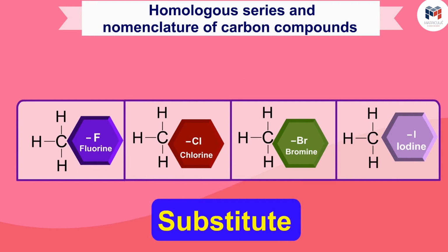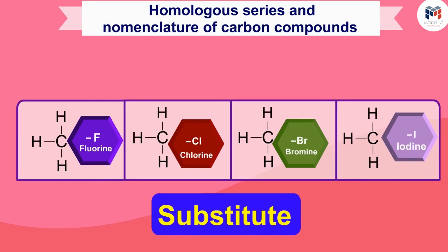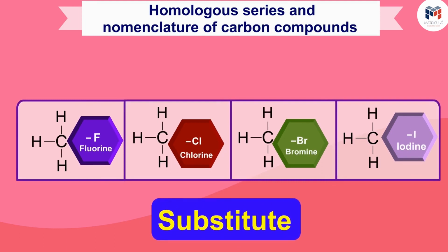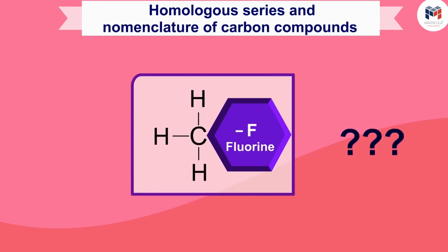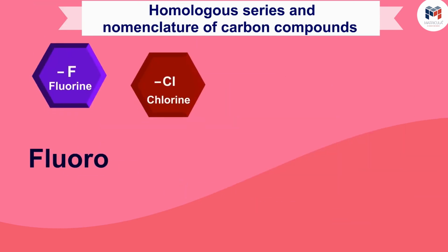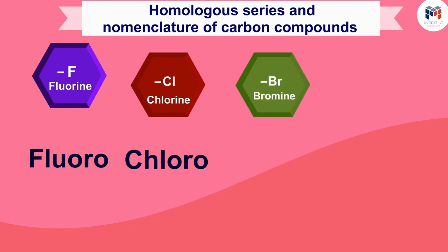So far we have discussed 4 substitutions. You will learn about more substitutions later. What to write if fluorine is added in carbon compounds? Write fluoro before the name, and if chlorine is added, chloro. If bromine is added, we will write bromo.